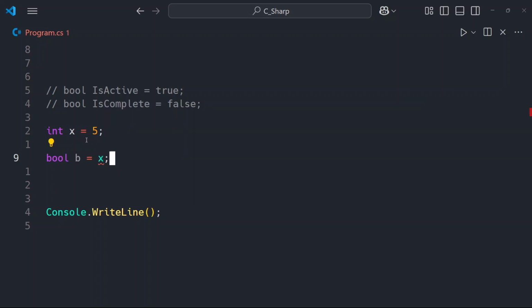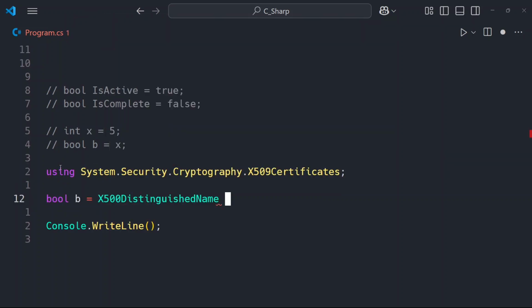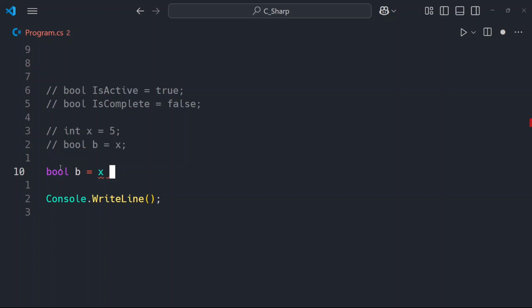Now, however, here's a much more correct way to use it. If I say bool b equals x is greater than 0. Right, let's uncomment x.